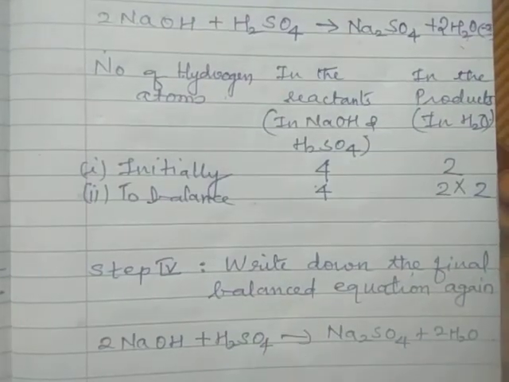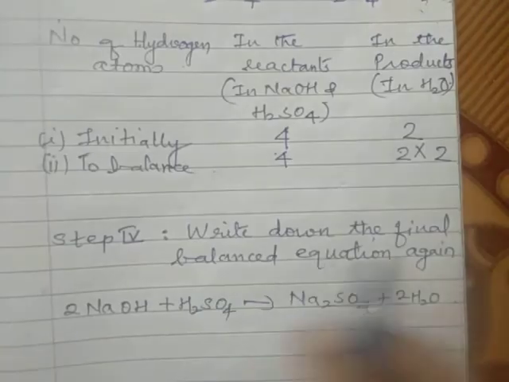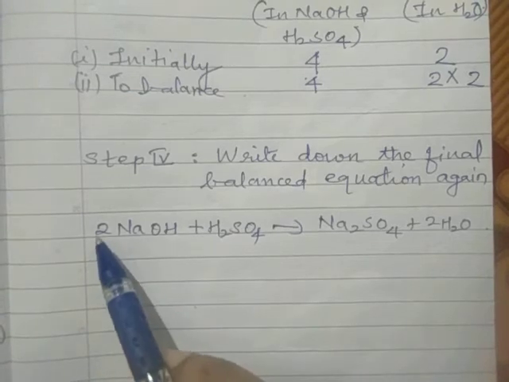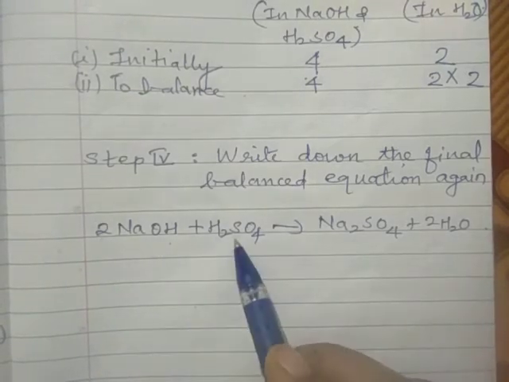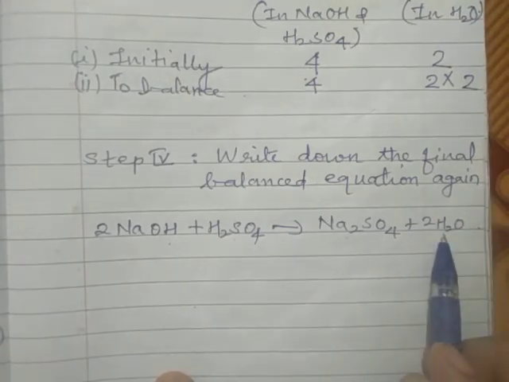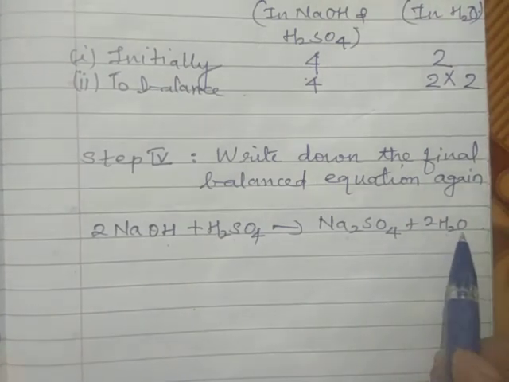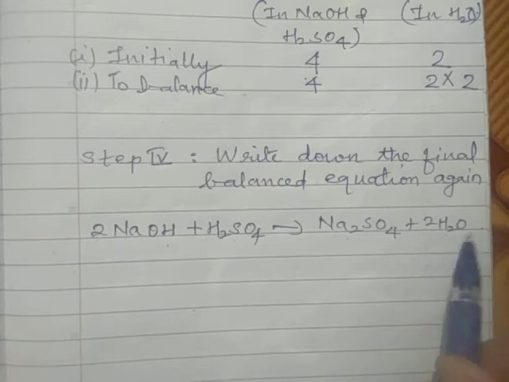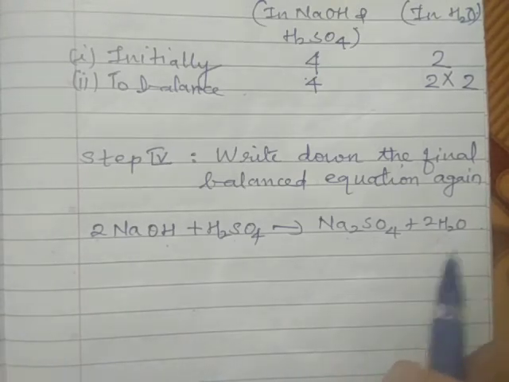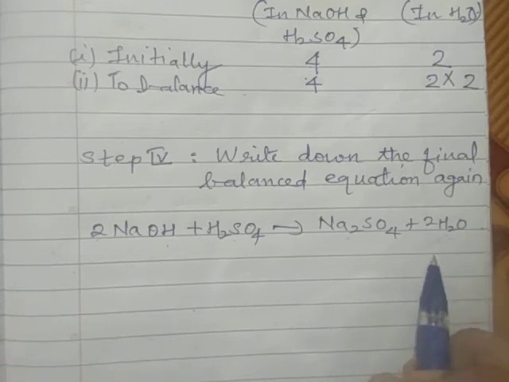Finally, step 4 is to write the final balanced equation again. So let us write now the final equation, that is 2NaOH plus H2SO4 gives you Na2SO4 plus 2H2O. So this is a balanced equation. I hope you have understood how to balance an equation. So you need to try to answer certain questions, use your brain power.